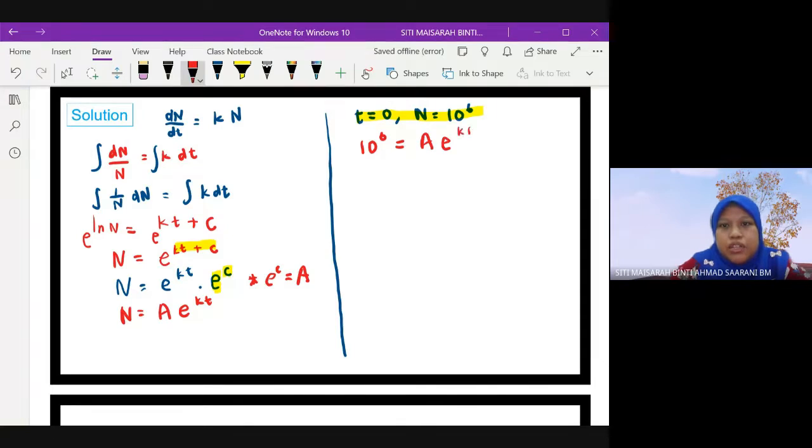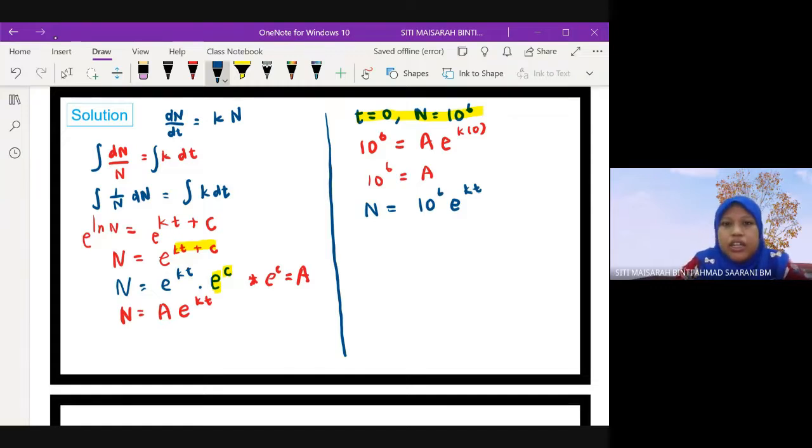So K times dengan 0. So N ganti dengan 10 power of 6, T ganti dengan 0. Okay, so then E power 0 lah kat sini. E power 0 is 1. So kat sini 10 power of 6 is equal to A. So jadi kita dapat A dia 10 kuasa 6. Okay, so finally kat sini kita dah dapat N equals to 10 power of 6 E power KT.